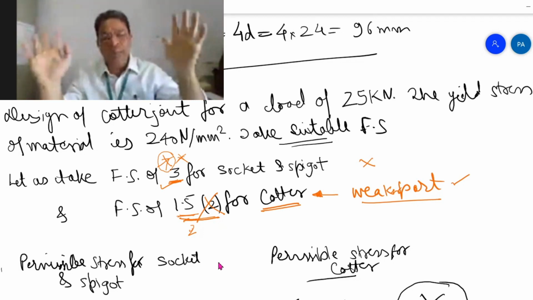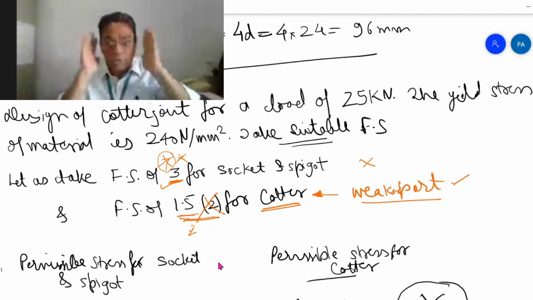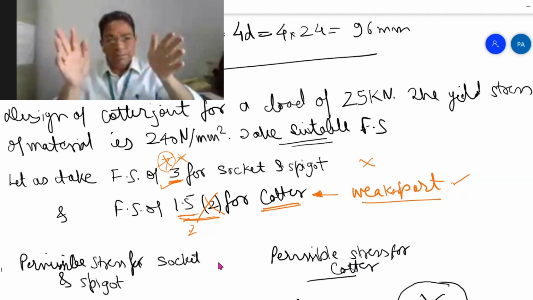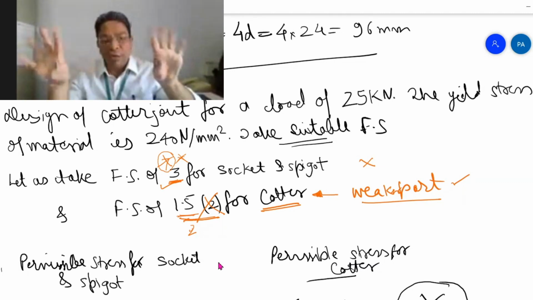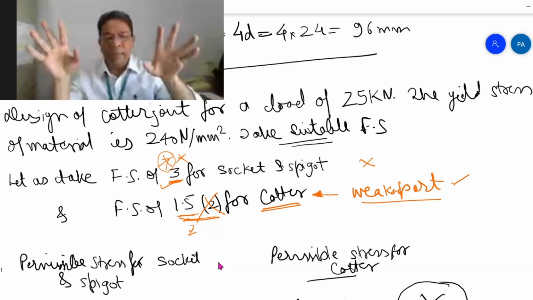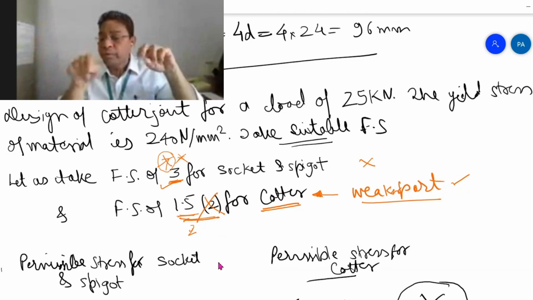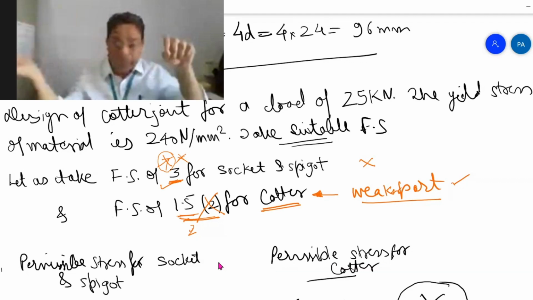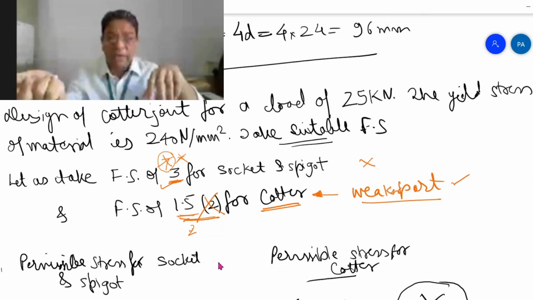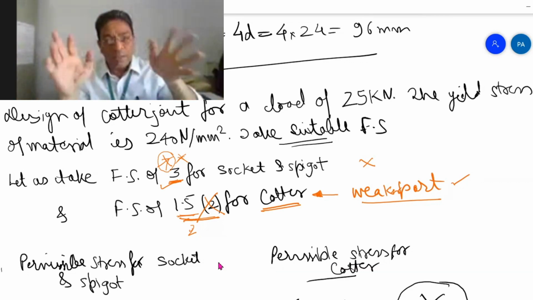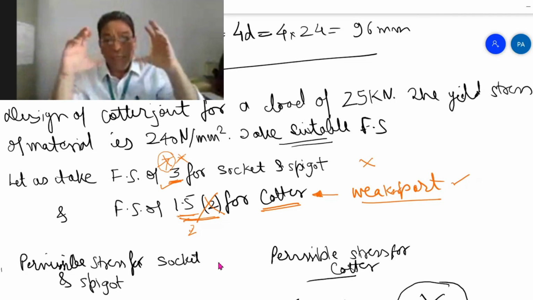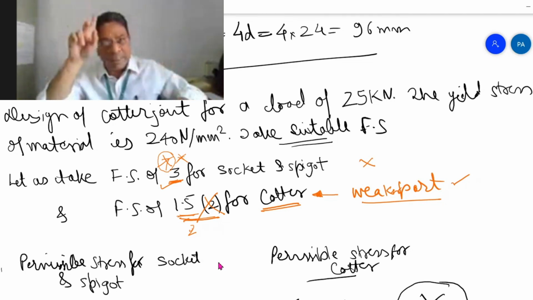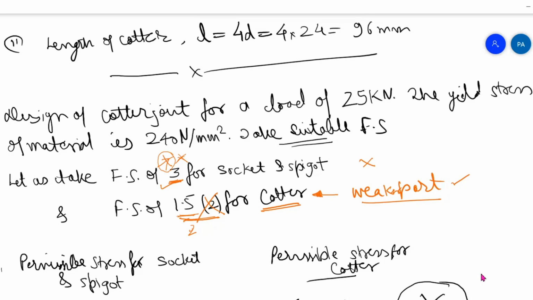Your thought process should be that if you have to select different values of factor of safety for different parts, then which part should be the weakest part, the one which can be easily replaced, easily manufactured, the one which is of low cost. All these factors you have to consider while selecting the least value of factor of safety. ये हमने देखा था factor of safety में.